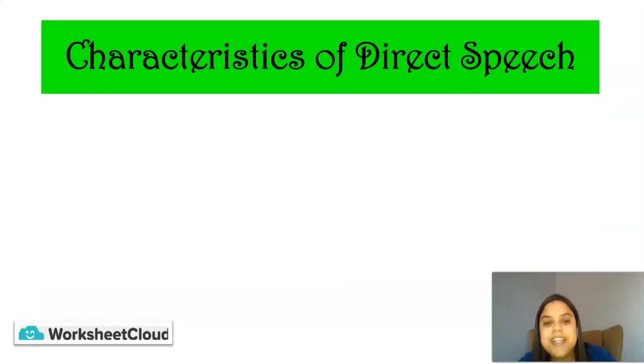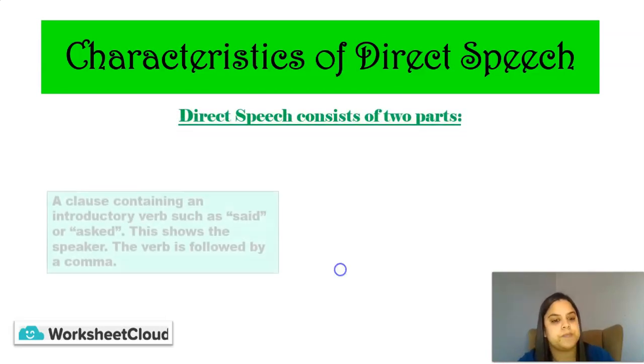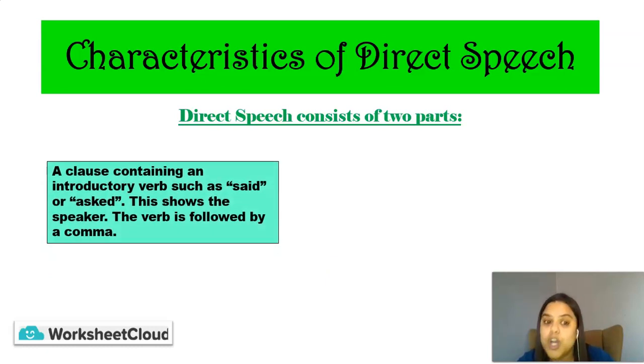So, characteristics of direct speech. Direct speech consists of two parts. A clause containing an introductory verb such as said or asked, and that is important, grade 4s, because it's introducing what the person's about to say.